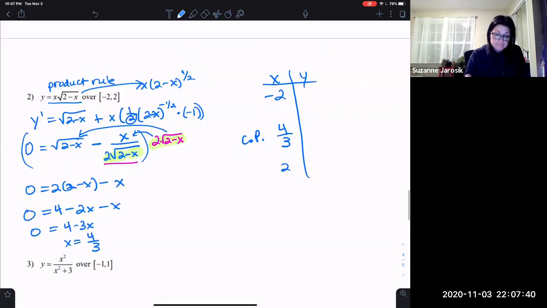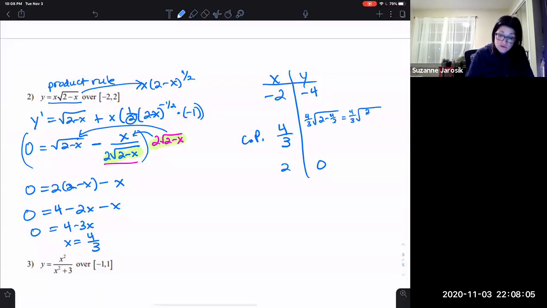Plug in. So when you plug in -2, you should get -4. When you plug in 2, that one's easy, you get 0. All right, 4/3. So it's 4/3 times 2 minus 4/3. So that'd be 4/3 times, 2 is 6/3 minus 4/3, 2/3.